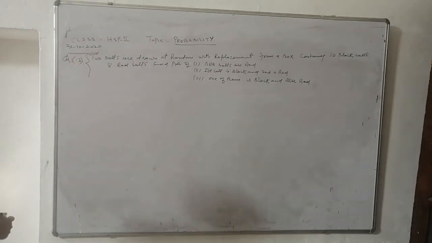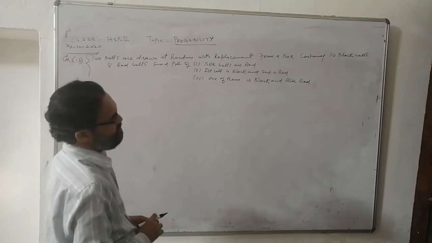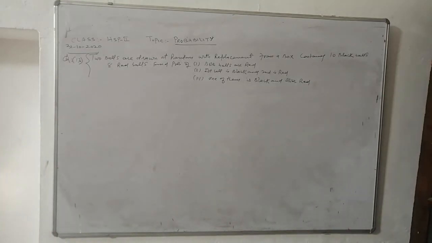According to the question, we have a box and this box contains balls which are red and black in color.